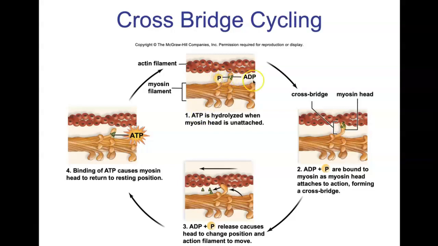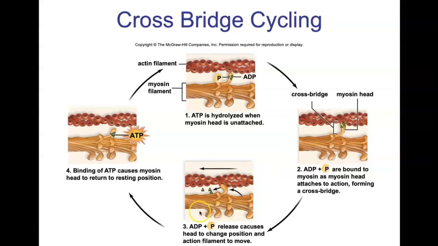This enables, at step 2, the cross bridge, in this case they call it the myosin head, to bind to the actin on the myosin binding sites that you see there. So this is in reality what the cross bridge is. It's when the myosin head, the club-shaped part of it, binds to the actin.